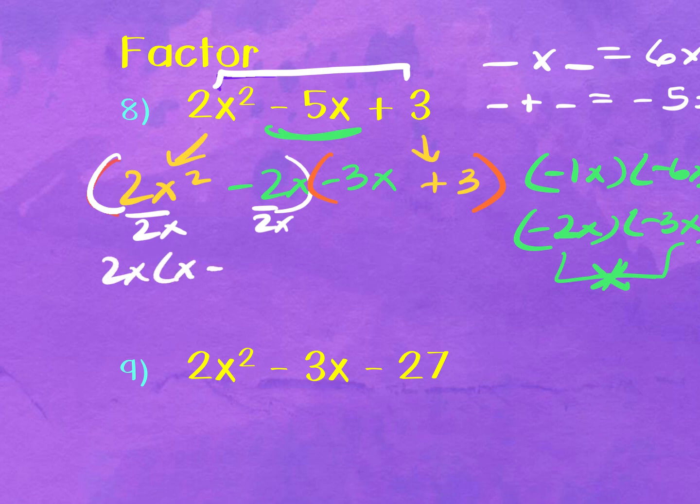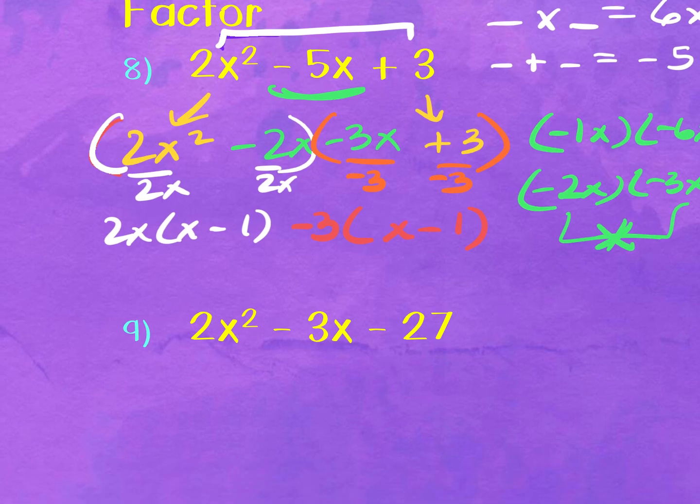Divide. And then orange group, again, I want it to look the same. So I'm going to pull out a -3. So then -3 is the GCF, and then divide. Not showing up very good, so let's go over it in black. Okay, so now these two look the same.